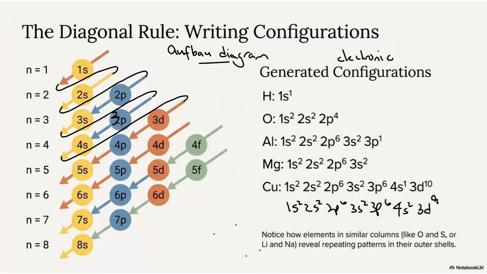But that's not how we write the configuration for copper. This is how we write it. We write it as a 4s1 3d10 instead of a 4s2 3d9. Let me do this in here.